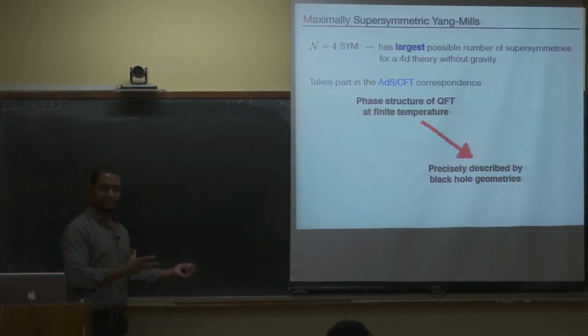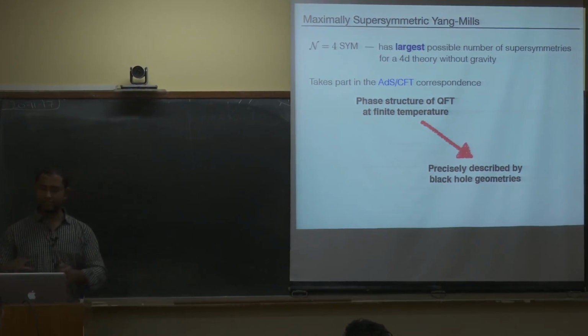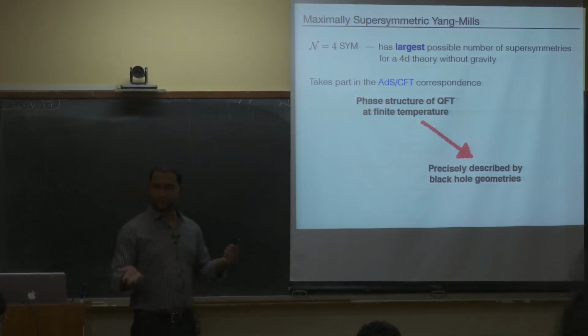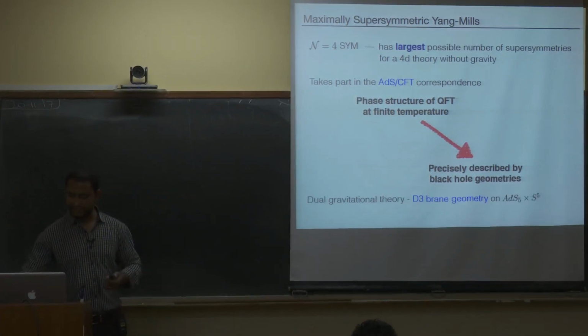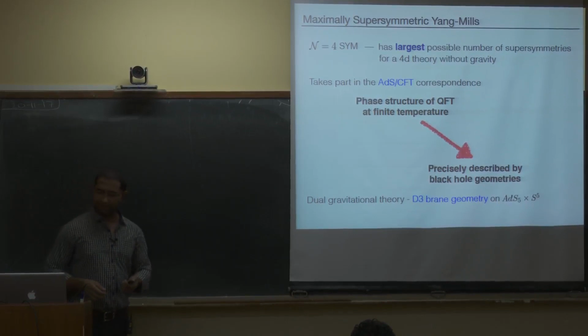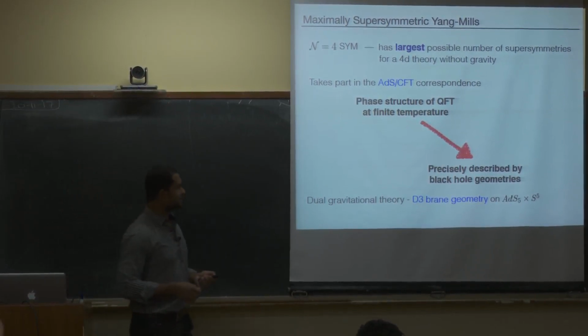Without gravity on one side, and on the other side we have these quantum black hole geometries. There is a correspondence connecting the two, that is the AdS/CFT correspondence. The dual gravitational theory, in this 4-dimensional case, is a D3 brane geometry on AdS5 cross S5 spacetime.